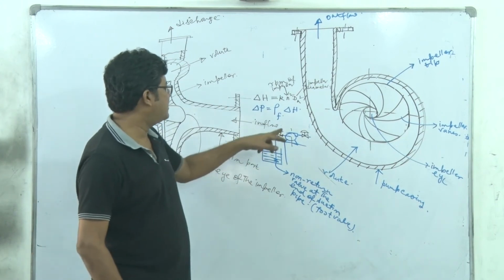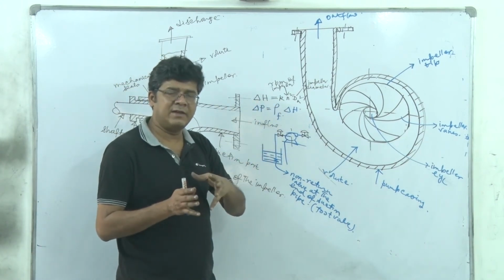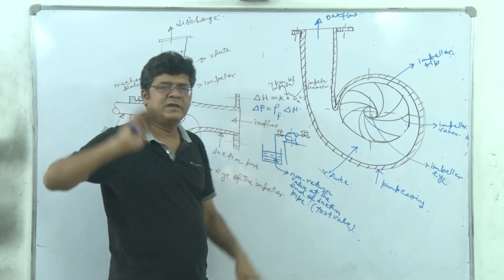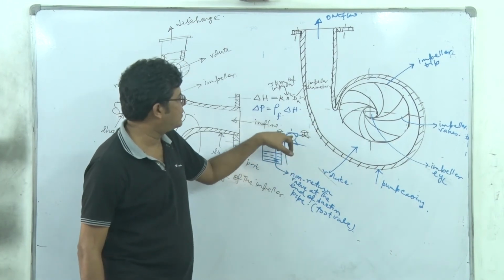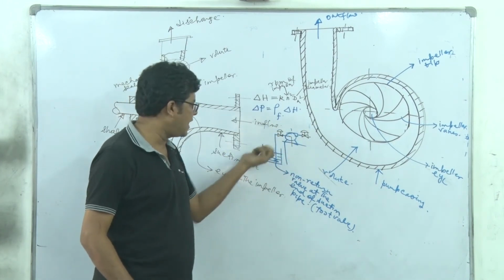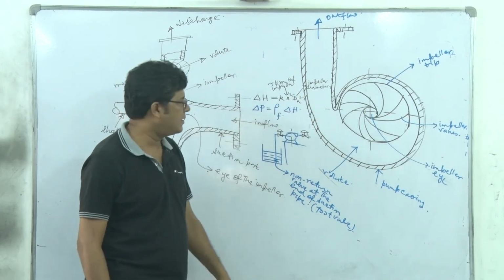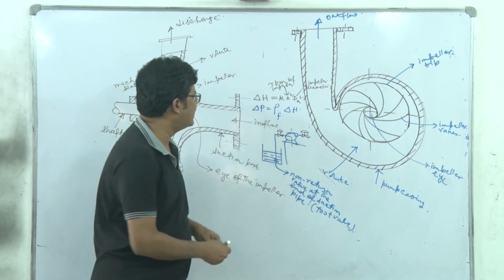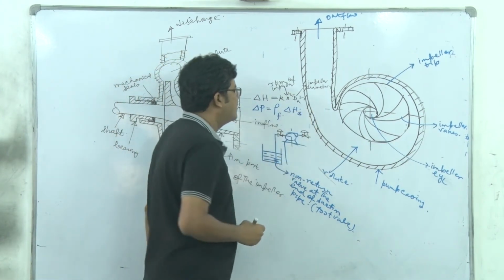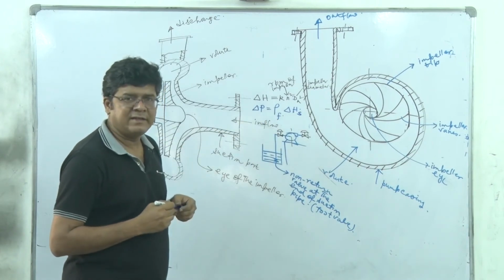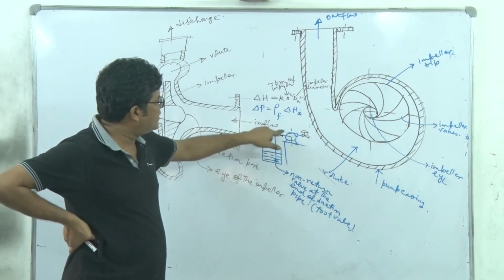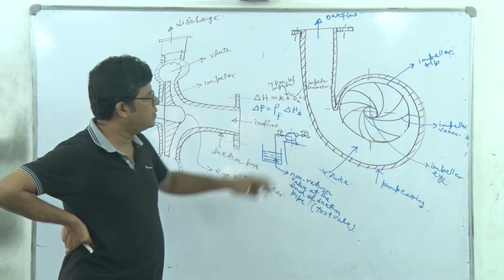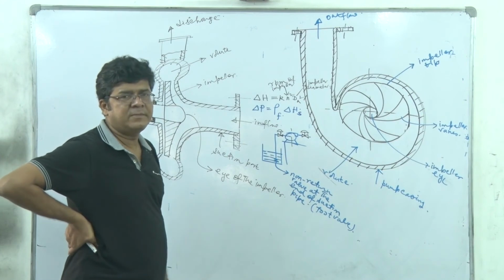So under this condition, a part of the head developed by the pump is distributed, a part towards this discharge, which will increase the pressure, and a part towards this suction, because it has to lift the liquid, right? So this head dedicated to the suction line, multiplied by the density of the fluid filling up this space, must be equal to the pressure drop from here to here that is to be created.